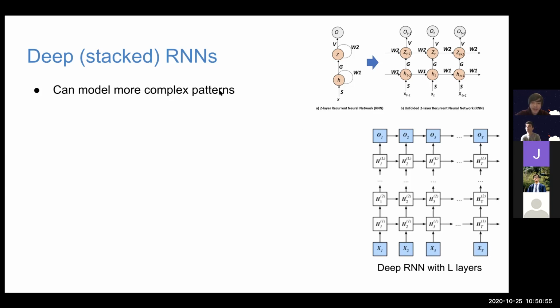Just like we have deep neural networks with a lot of different layers, there are also deep RNNs with a lot of different cells. You can see a visual of that. If you stack them and then unfold them, it looks like this lattice structure, where going from left to right is going from past to future in time steps, and going from bottom to top is going from layer to layer.